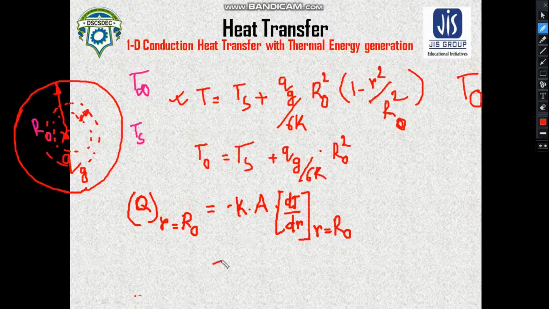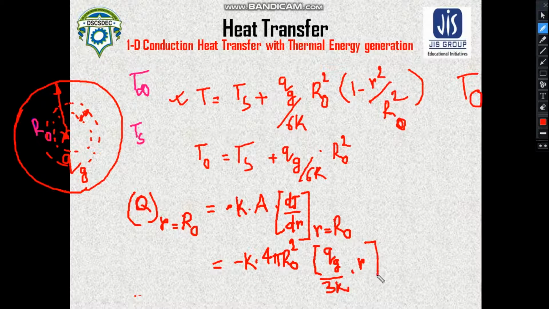So after doing the calculations, like putting the area as 4 pi r0 square and getting the derivative, it will simply give us qg by 3k into r at r equal to r0.